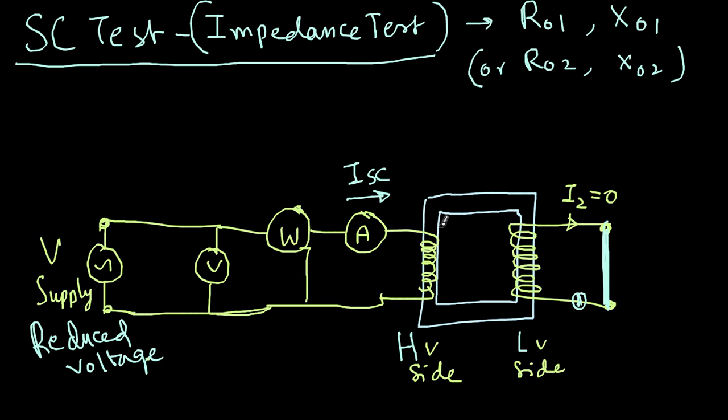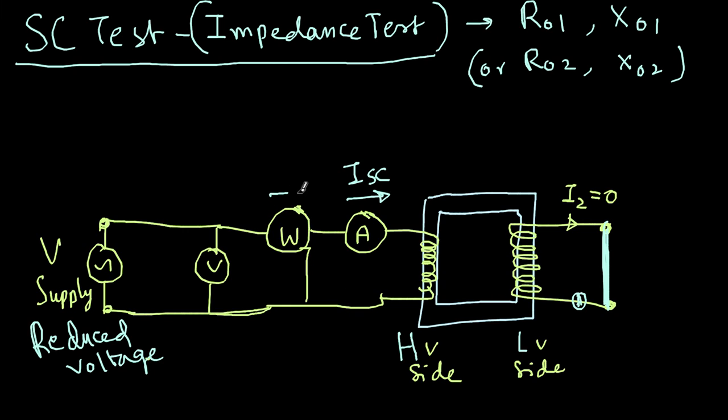I know what the short circuit current in the primary is by knowing the ratings of the transformer. So I gradually increase this voltage such that I meet this criterion, that short circuit current is flowing in the HV side. Similarly, it will be observed that when short circuit current is flowing in the HV side, short circuit current will also be flowing in the LV side. We can verify that by connecting an ammeter here. Otherwise also it is fine.